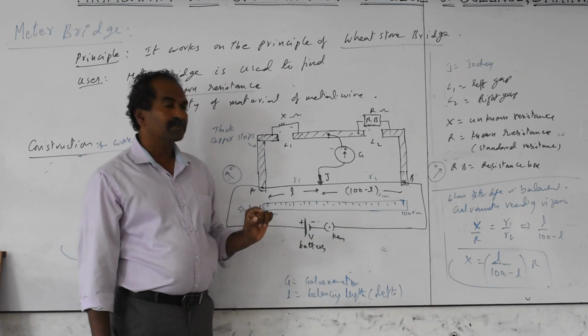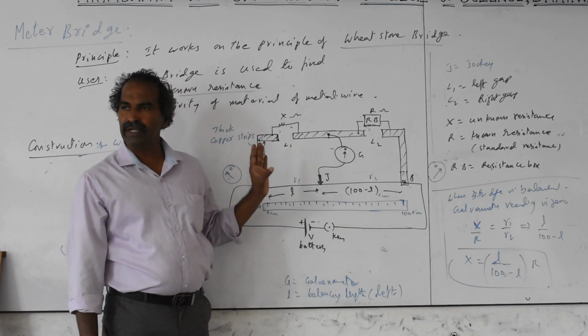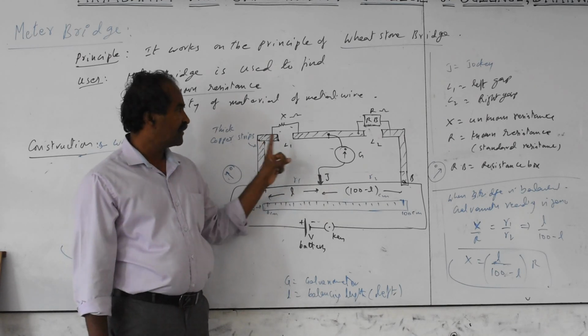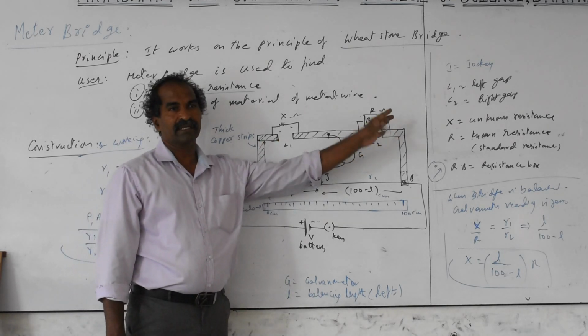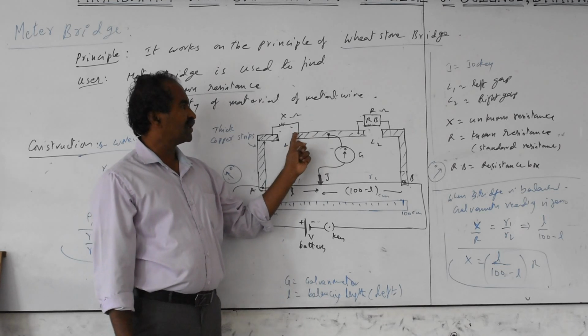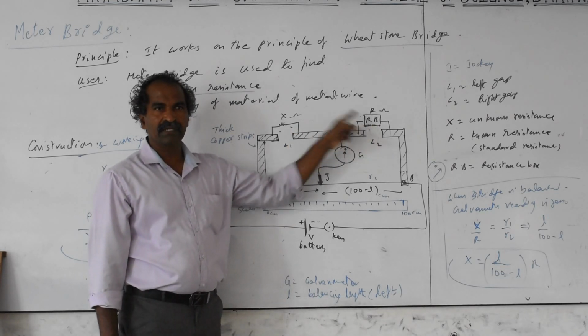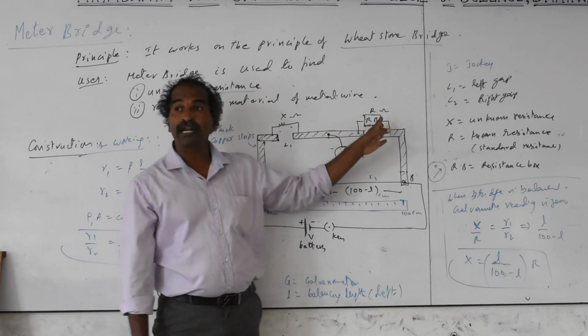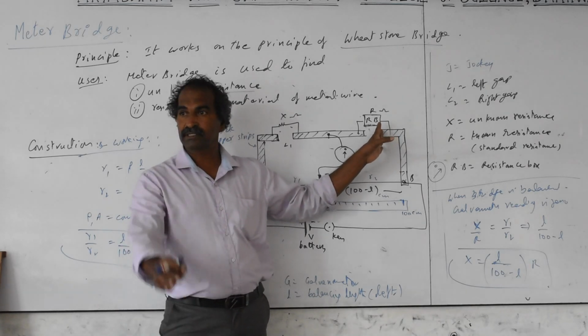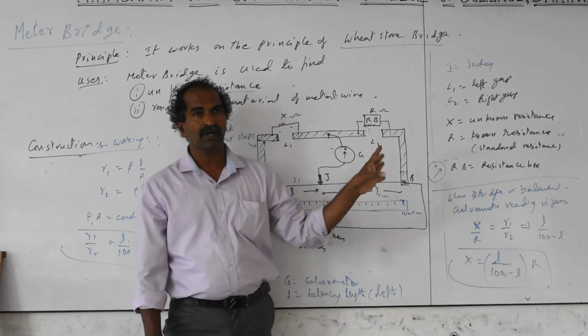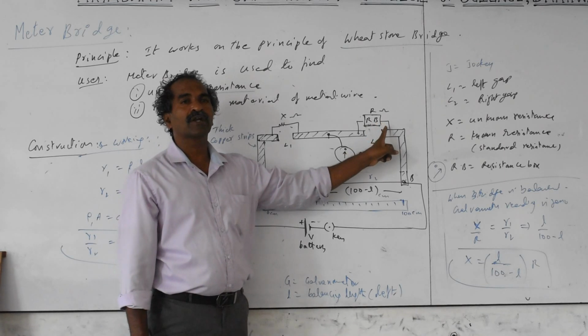But one more adjustment is needed if you want correct readings in this experiment. The left resistance and right resistance should be nearly equal. In the beginning, if the unknown resistance is, for example, 2 ohms, don't take 100 ohms or 200 ohms in the box; you should not take 110 or 10 either. Take 1, 2, 3, 4 ohms. How do we know?